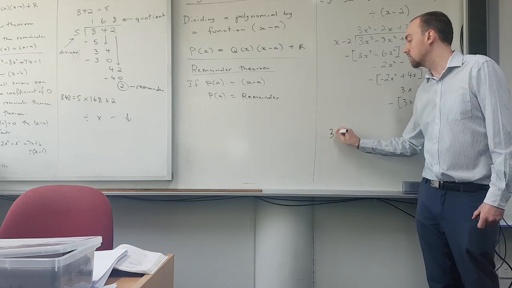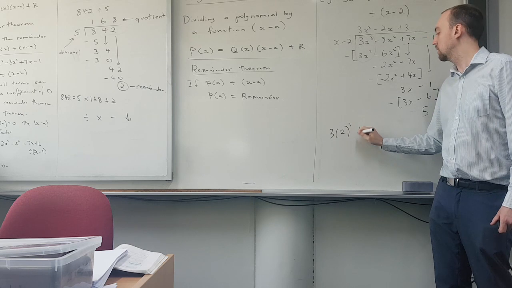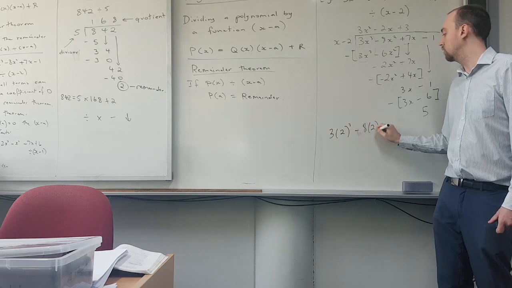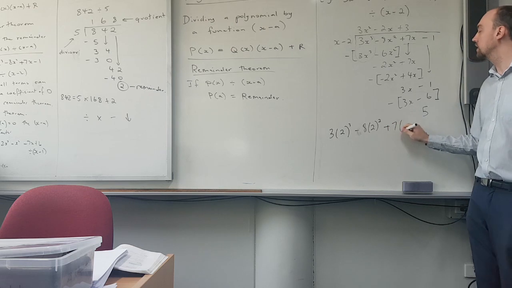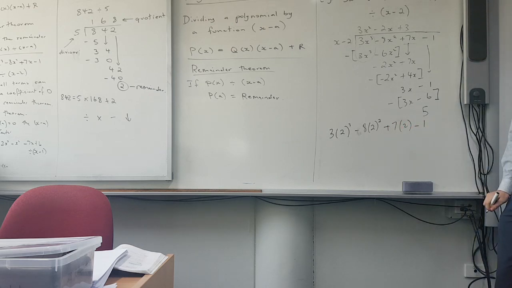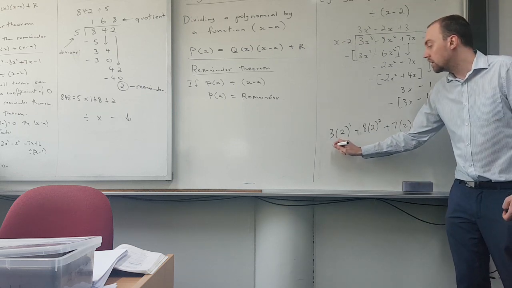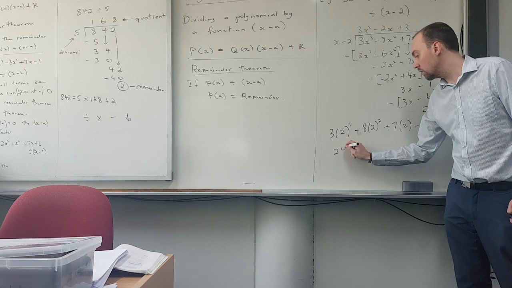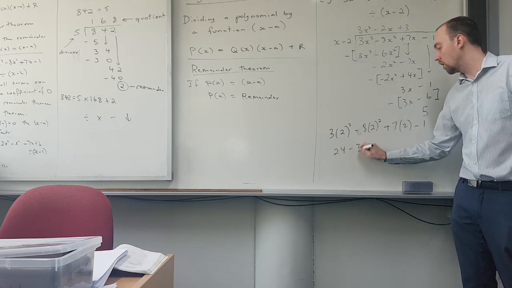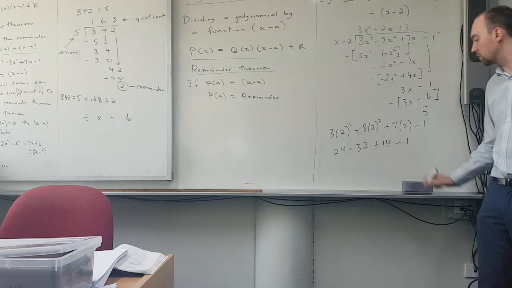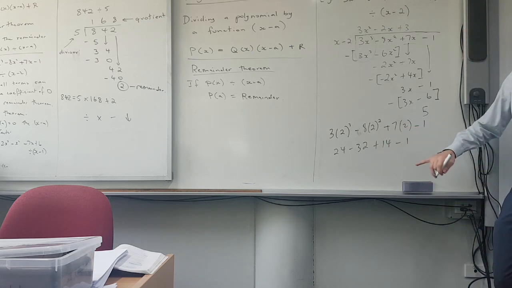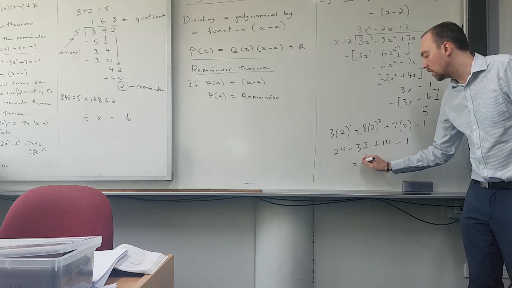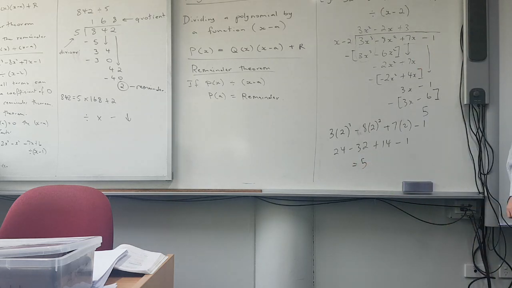So let's do this. 3 lots of 2 cubed, take 8 lots of 2 squared, add 7 lots of 2, and I'm taking 1. 24, take 32, add 14, take 1. 48, 32, take 1. Equal to 5. So our remainder theorem is correct.